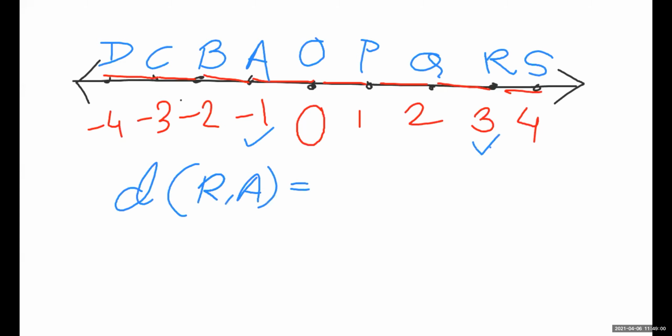How can you find out the distance between the 2 points? How can you find it out? According to you, what is the distance between the point R? Yes, Aditya. You can send the answer in a chat box. Some are saying 3 units, some are saying 4, some are saying 5. Okay.